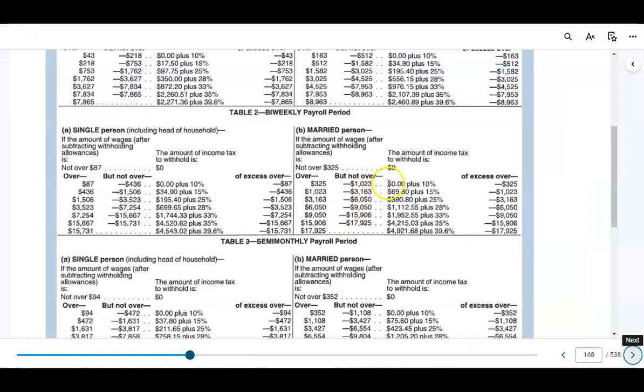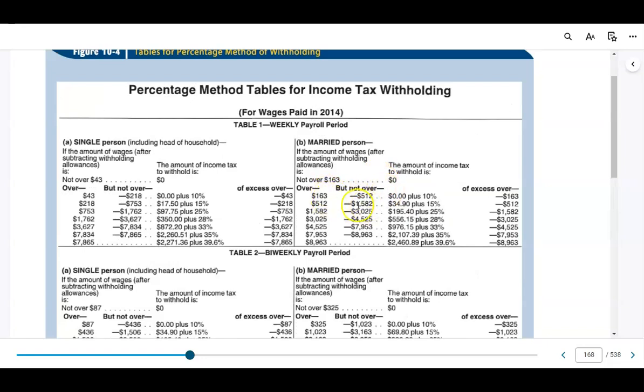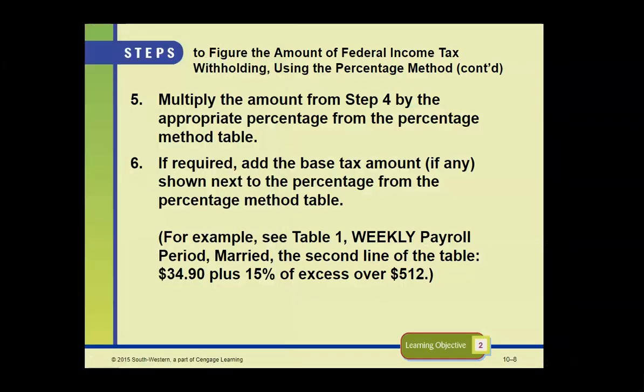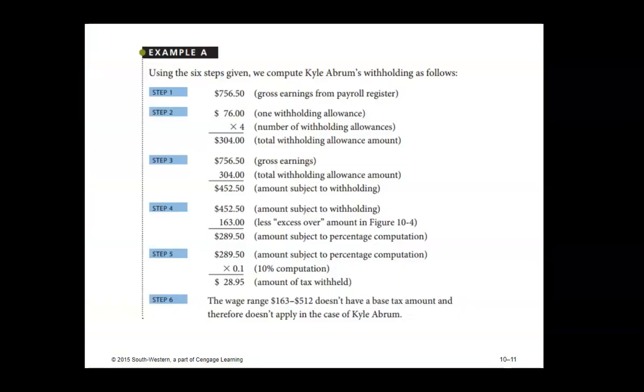That just means to add this amount. So you can see here, that if he had between $512 and $1,582, it would be $34.90 plus 15% of anything over $512. Okay, so I'm actually going to skip over so that we can see how this works.